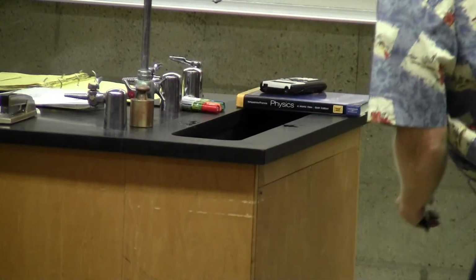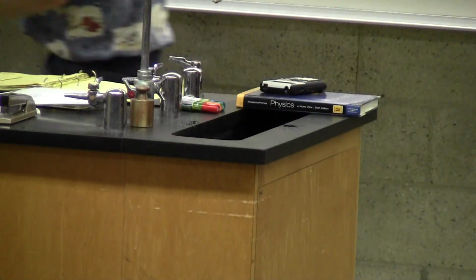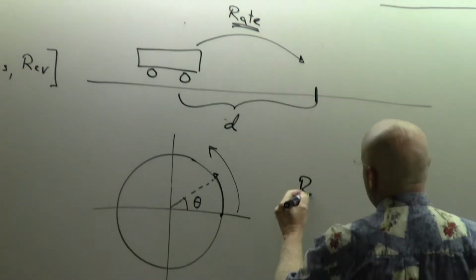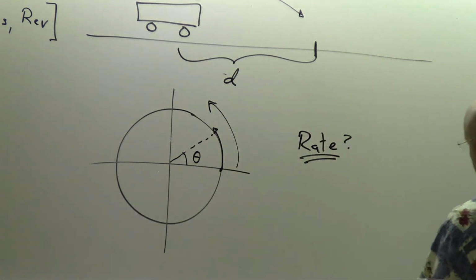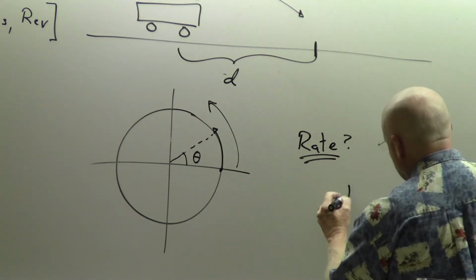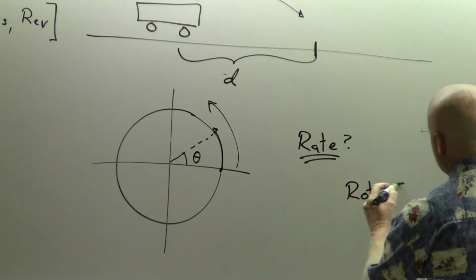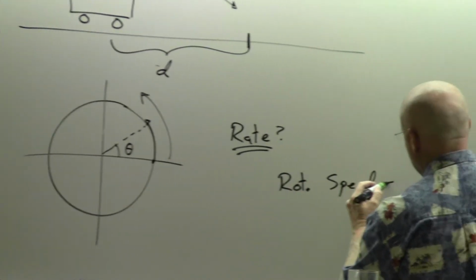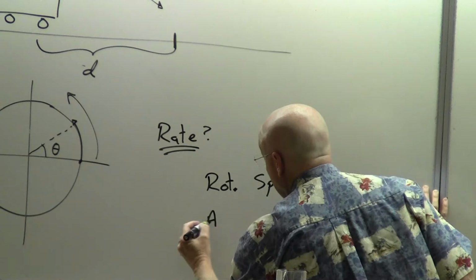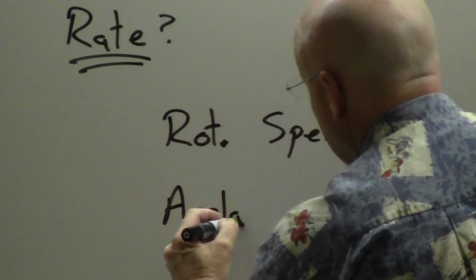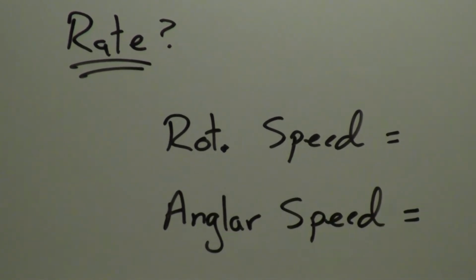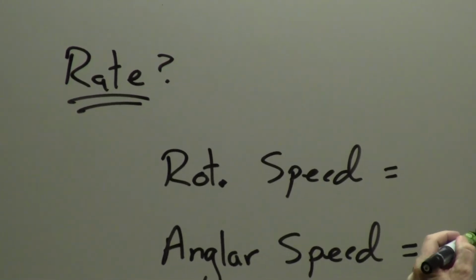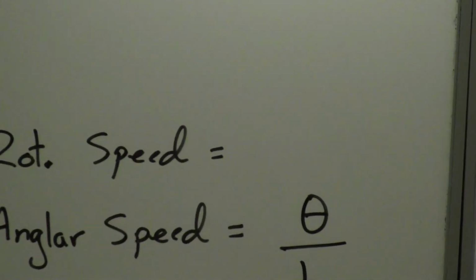And so, looking at this picture, as this thing is spinning, I would ask then, at what rate is the angle changing? I would call this then its rotational speed. Or sometimes we just call it its angular speed. And I'm hoping you could see it would be the angle divided by its time.